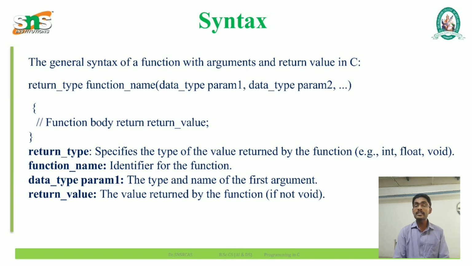The return value may be a single variable or any valid C expression like a plus b, a minus b, a into b. The return type specifies the type of value returned by the function. Function name is an identifier for the function. Data type parameter is the type and name of the first argument and so on. Return value is the value returned by the function, if not of void type.